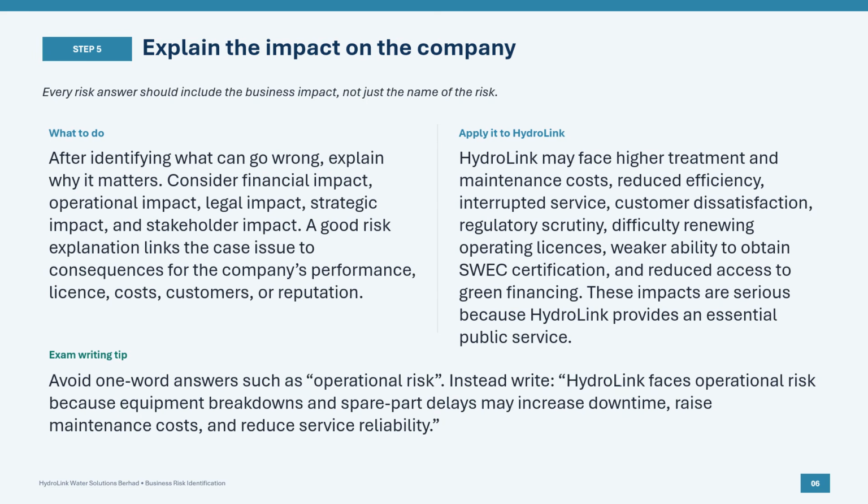So companies will try to use more green technologies, such as solar and wind. These will all help the companies go for green technology. So these impacts are serious because HydroLink provides an essential public service. In other words, they provide public service.